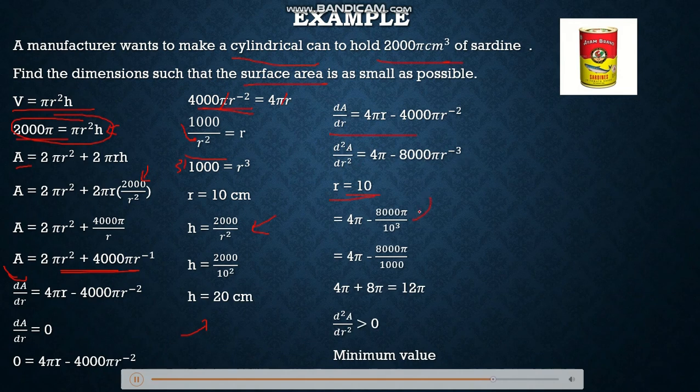Now we substitute the value: 4 pi minus 8000 pi over 10 to the power of 3 is equal to 4 pi minus 8000 pi over 1000, which is 4 pi plus 8 pi, equal to 12 pi. D square A over dr square is more than 0, so it is a minimum value, and this proves the application of differentiation in our daily life.